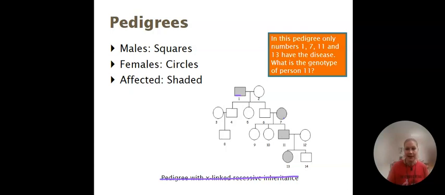Because again, right, dad's got it, and then daughter's got it. And then I guess this grandma has it, and then she passed it to, right, son. So to me, this looks like it's autosomal because it's showing up in every generation. So the genotype of person 11, right, so this dad over here, he doesn't have it, so he would be recessive. I'm just going to pick the letter A because I feel like it.